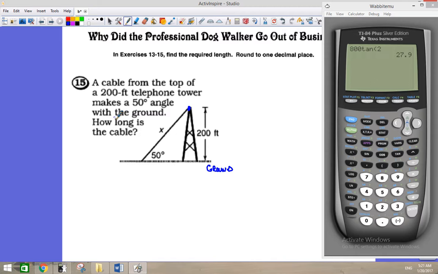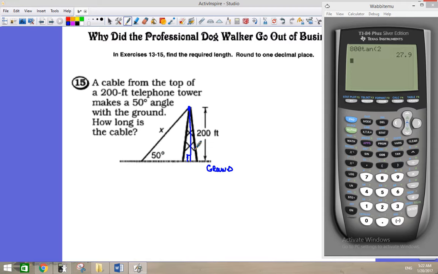And how long is this cable? So the height of the tower is 200 feet. With respect to the 50 degrees, that's the opposite leg. X is the hypotenuse, because we do assume that this tower is square with the ground, that it's not leaning to the left or to the right.